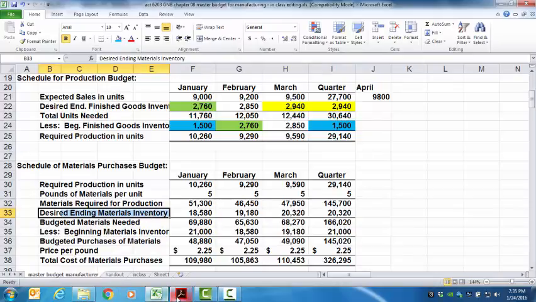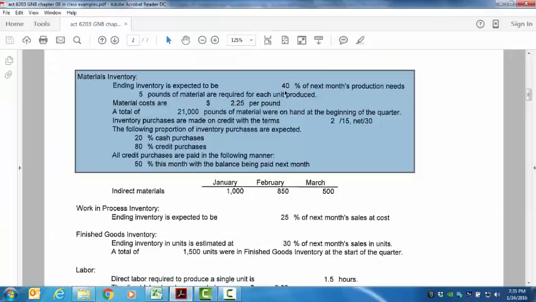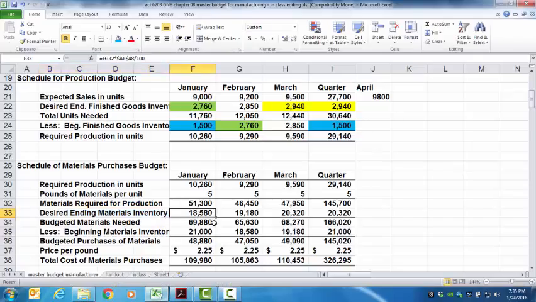So in this case, we want to have on hand 40% of next month's production needs. So I said, all right, let's take 40% of next month's production needs, which would be February, and I need 18,580 pounds.